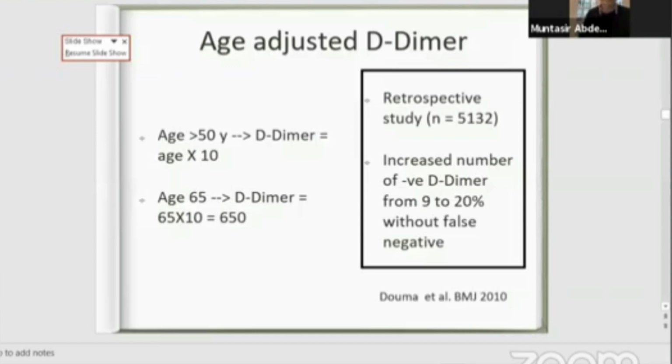If you are 80, your normal D-dimer should be 800. And what he did, he used this age-adjusted D-dimer in a retrospective analysis of data, and he found that he can increase the number of negative D-dimer from 9% to 20% without having false negatives.